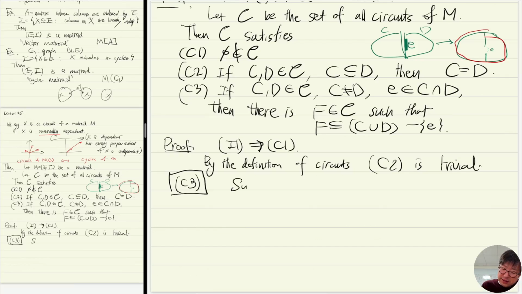So suppose not. Suppose C union D minus E does not contain any circuit. What does that mean? That means C union D minus E is independent.